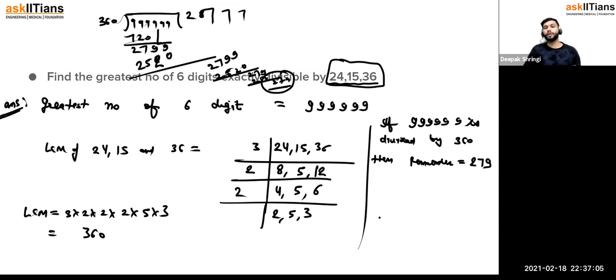So the number which is nearest to this number and which is divisible by 360 क्या होगा? अब देखो सिंपल है ना यार, if you are subtracting the remainder, the number that you are going to get would be a number which is divisible by 360, right?